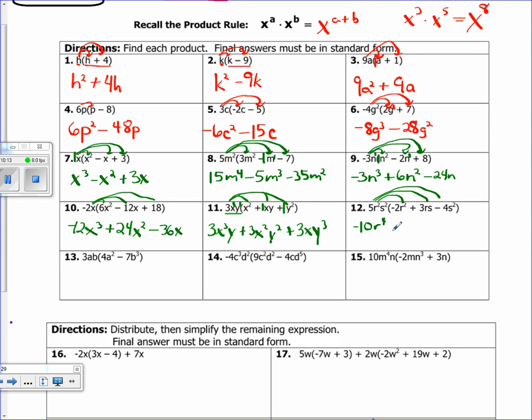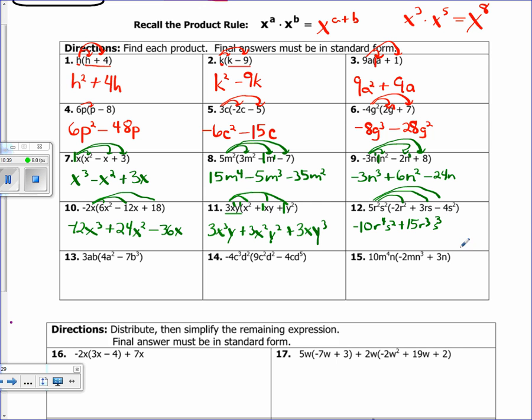S squared times, there's no S's there, so S squared. 5 times 3, 15. R squared, R, that's going to make R cubed, or to the third power. And S squared times S, that's going to be S to the third power.